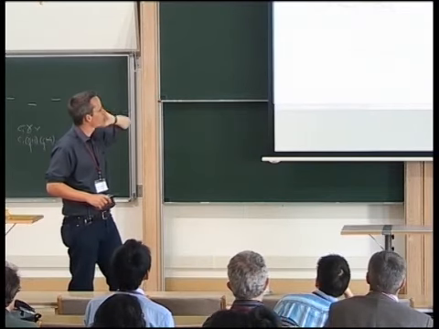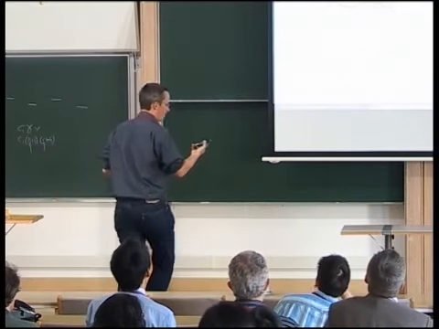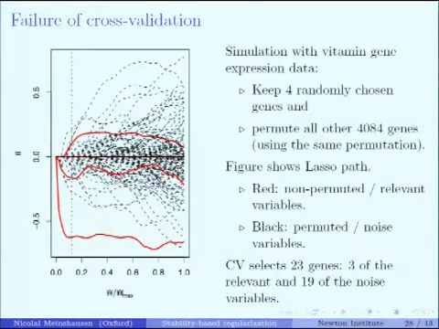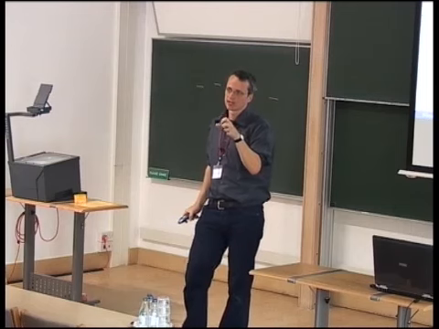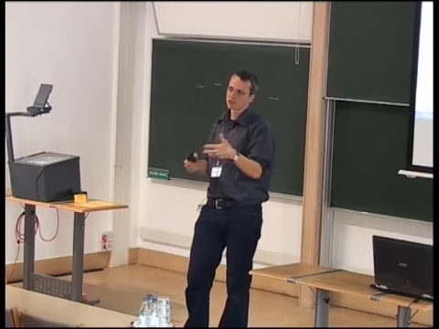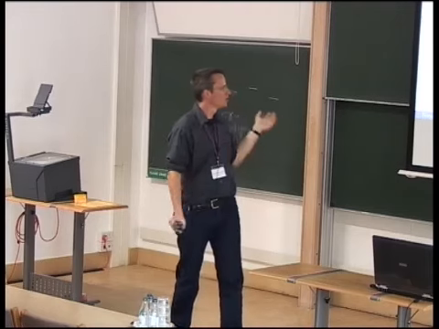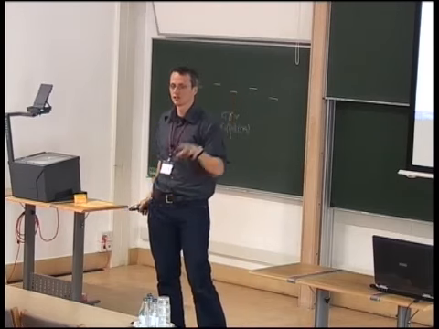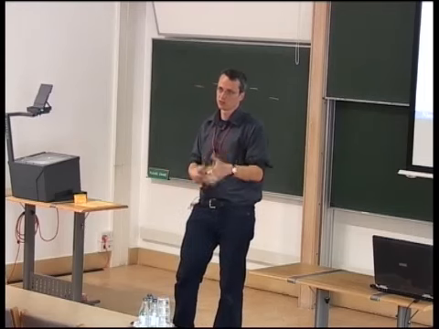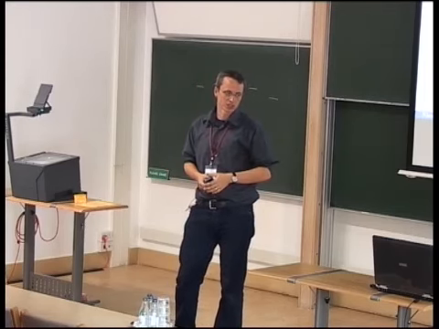And if you now look at what happens with cross-validation, then cross-validation picks the line here. So it selects a model with 23 genes, and that model includes 3 of the non-permuted genes, which you want to have, but it includes also 19 of the genes which were permuted, so which are not meaningful.